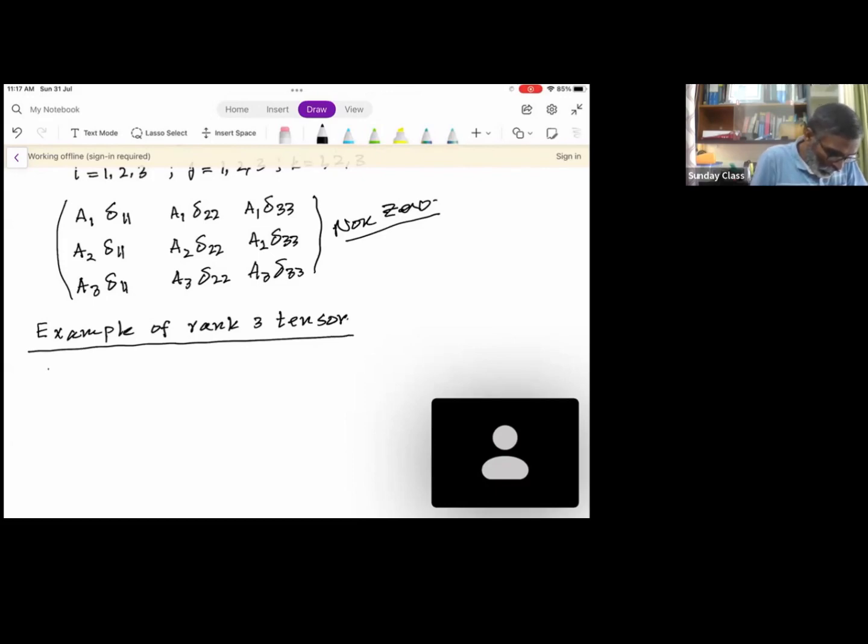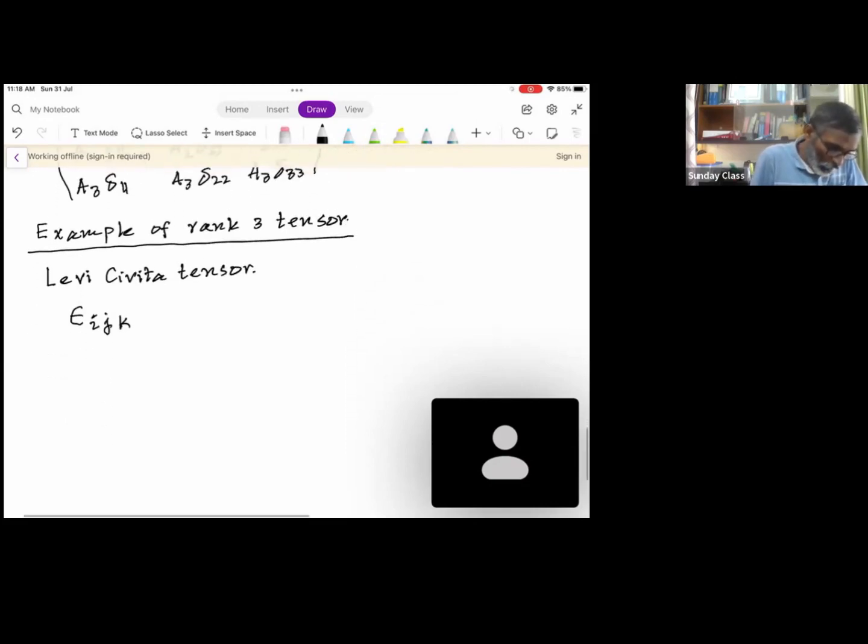This is called the Levi-Civita tensor, denoted by epsilon ijk. Okay, how is it defined? So let us define it.